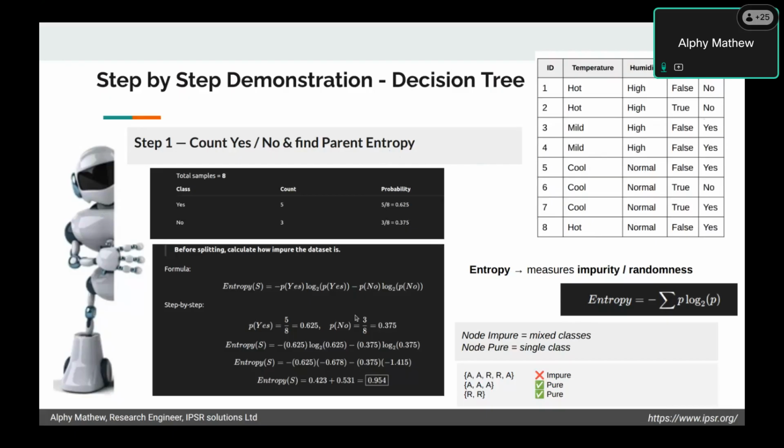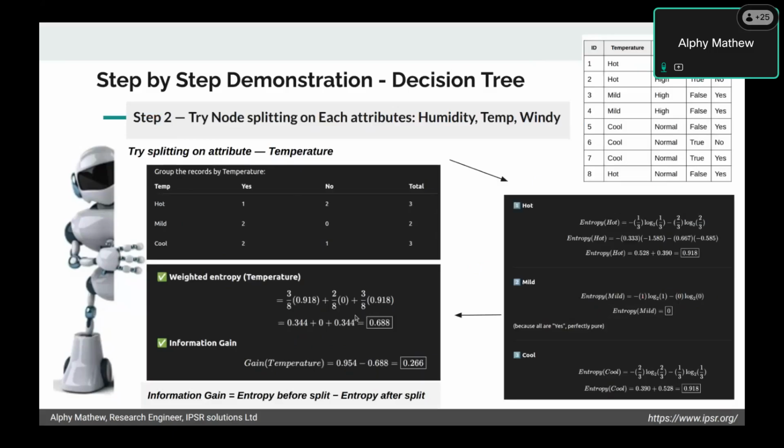Now in the second step, we need to check if splitting the data based on a feature reduces the impurity. We found that our data set has impurity.